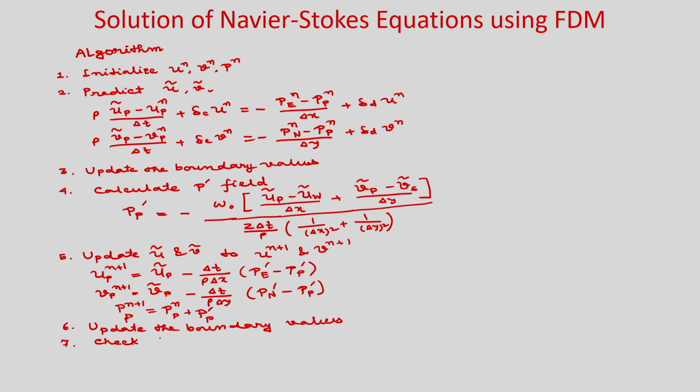Now, check for the convergence for the inner loop. So, check that the L2 norm of the divergence of u tilde, which is a vector, at n plus 1 is less than epsilon, where epsilon is some pre-assigned convergence criterion, maybe 10 to the power minus 6 or minus 4. Okay.